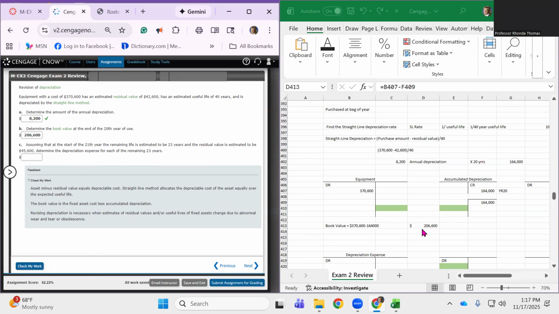So here's the book value. They said that the residual value now is 45,000, so I'm going to put that in. Okay, so we're going to take that book value of 206,600 and subtract the residual value.